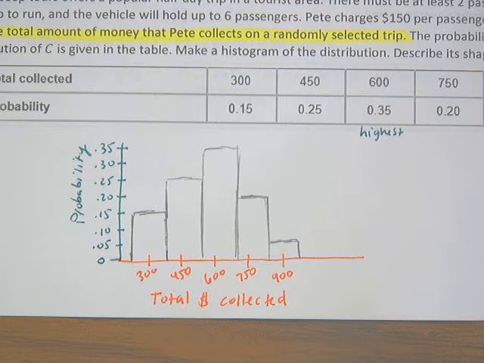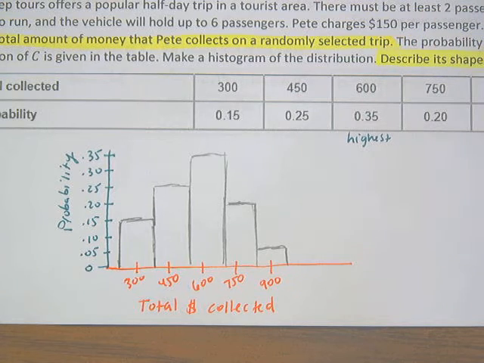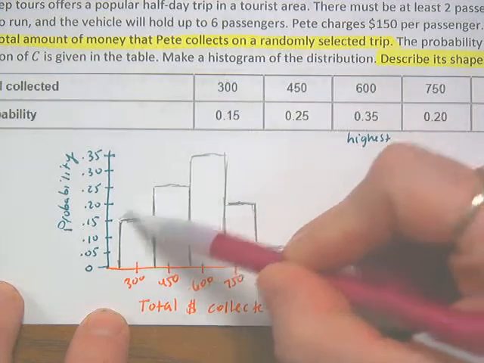The whole point is to be able to describe the shape, because it does say that in the directions. This one is mostly symmetrical. So we will say roughly symmetric. It almost has that bell shape to it.